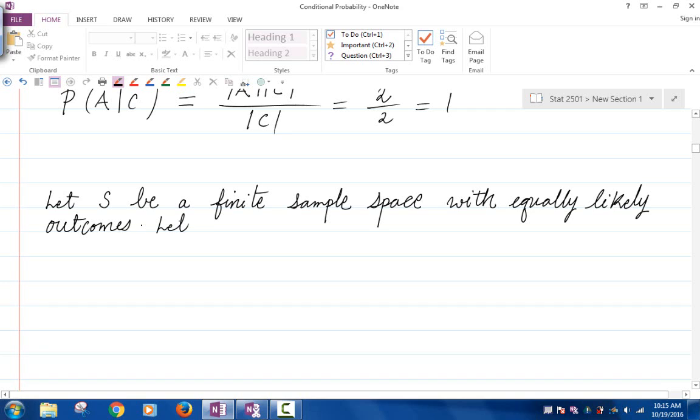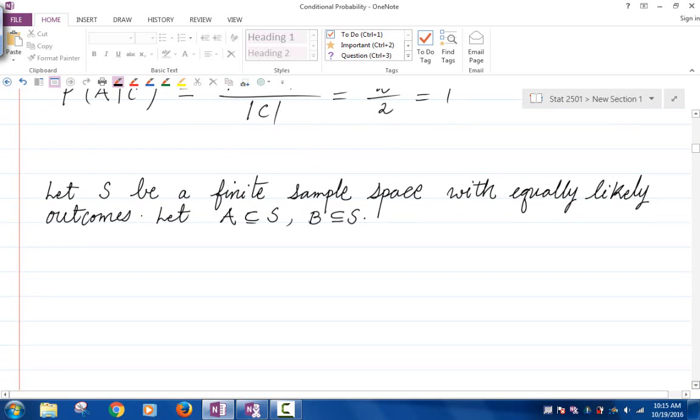Let A be an event, so it is a subset of S. Let B also be an event, so they are subsets of the sample space.